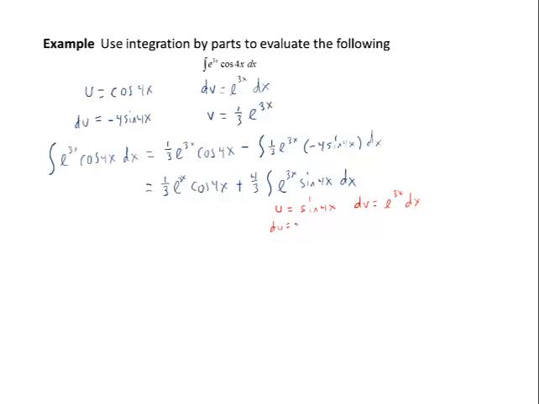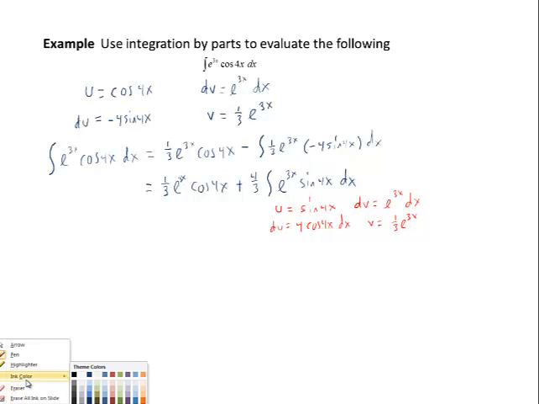Du is going to give us 4 cosine 4x dx, and v is 1/3 e to the 3x. All right, I'm going to change back to my blue pen and continue with this problem.